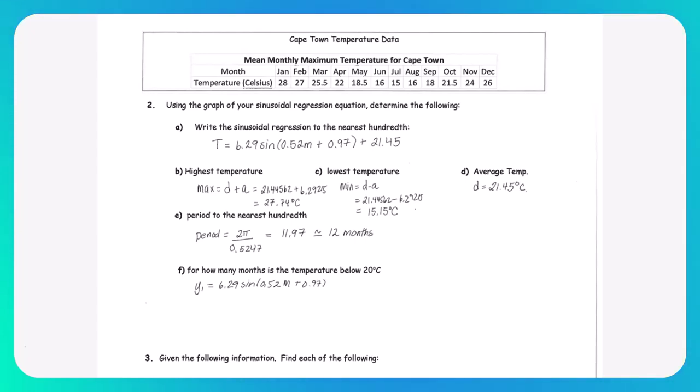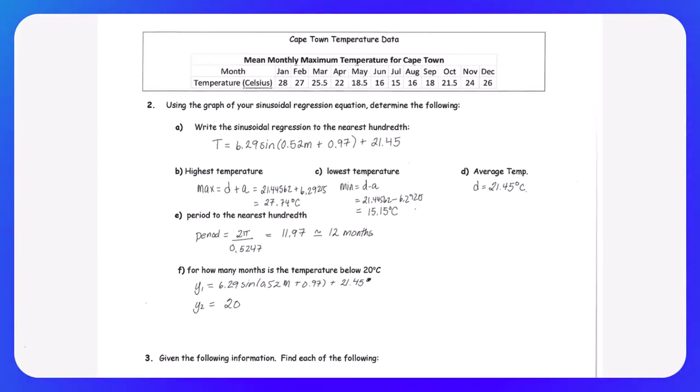Remember, we have to write this down to let the person who's assessing us know that we know what we're doing. We are going to find the intersection between 2 points or 2 lines, y1 and y2, and we want to find what month is it going to be at 20 degrees. So let's go ahead and go back to our calculator.